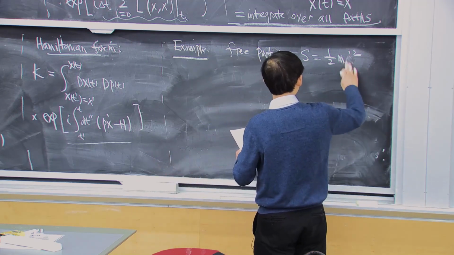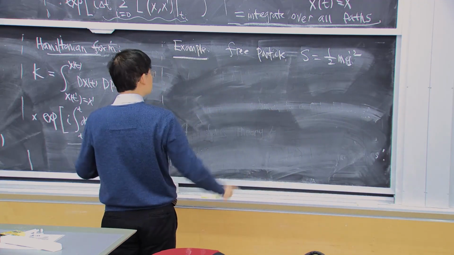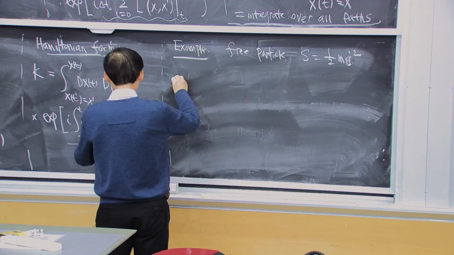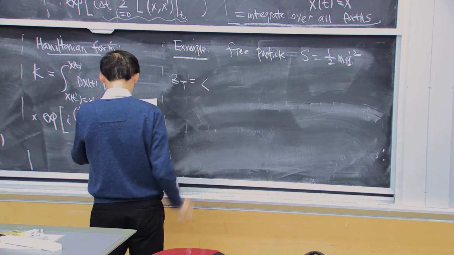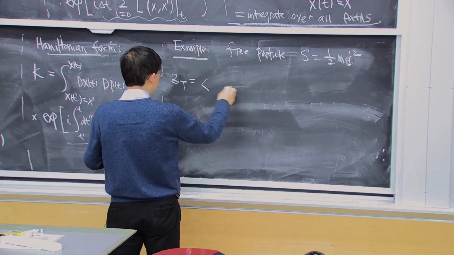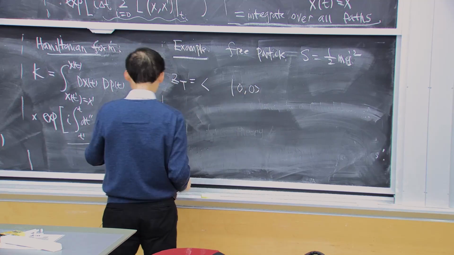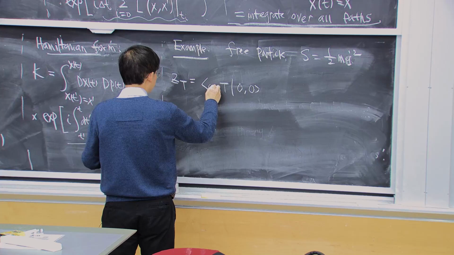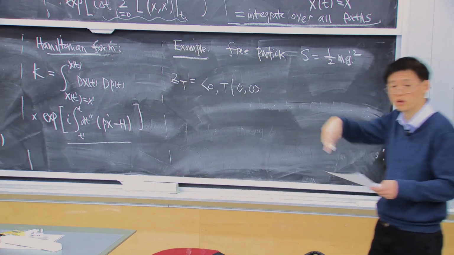Let me just use q since my notes use q, it doesn't matter. So let's try to compute in this theory the amplitude, let's call it Z(t). Say at time 0, you are at q equal to 0, and then at time t, you're again at q equal to 0. So you just come back to the same point.